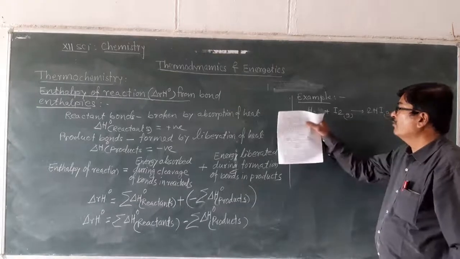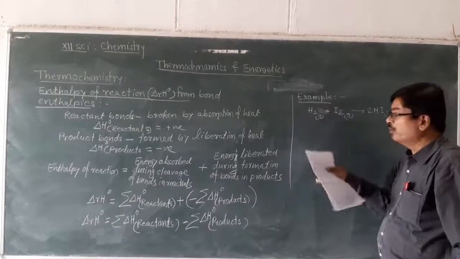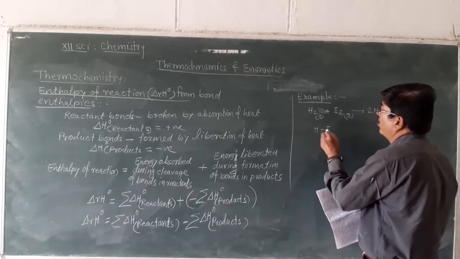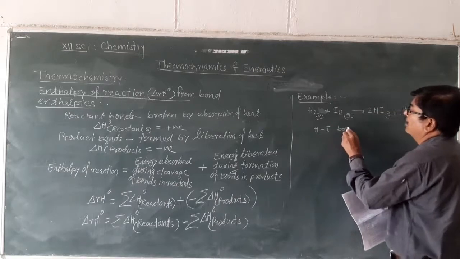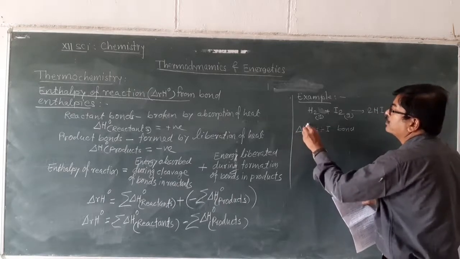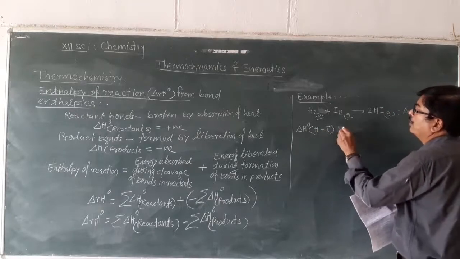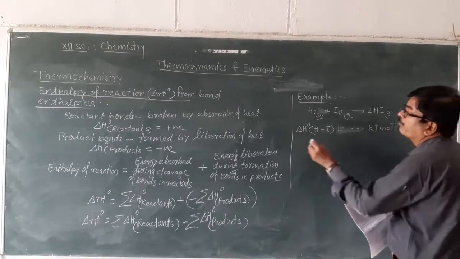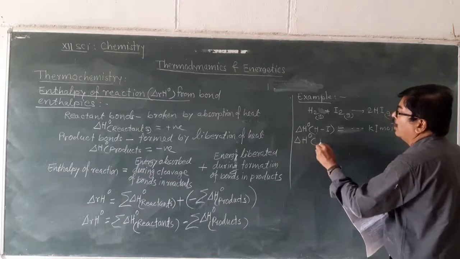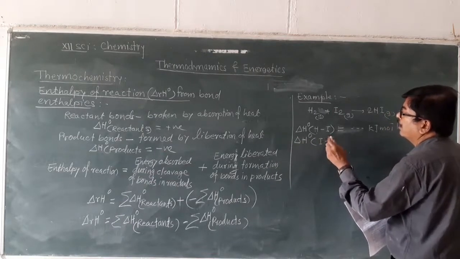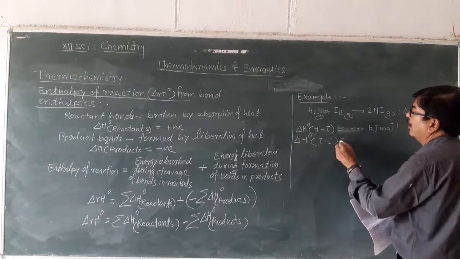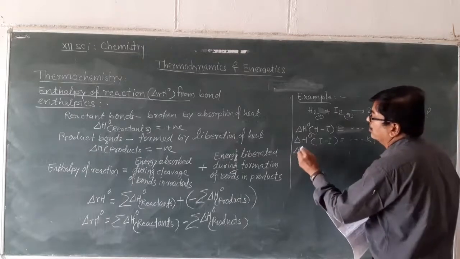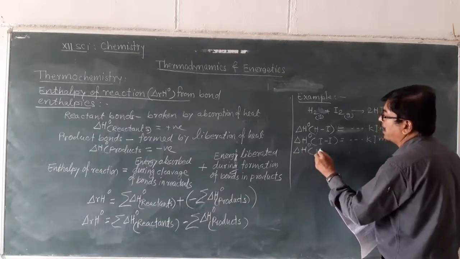Bond enthalpies of H-H bond, I-I bond and H-I bond per mole are required. Here delta H naught for H-H and I-I bonds must be given in kilojoules per mole. Third one, delta H naught H-I.